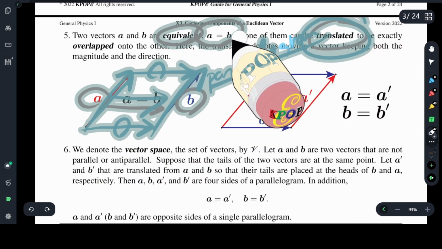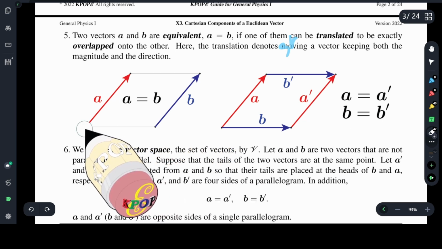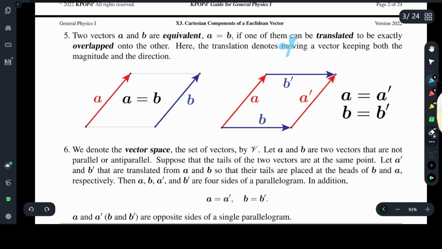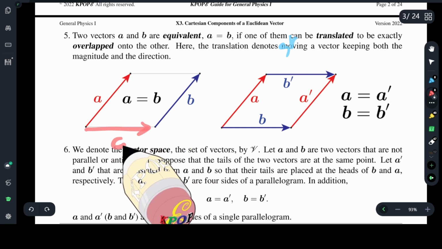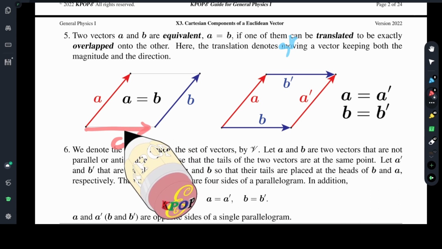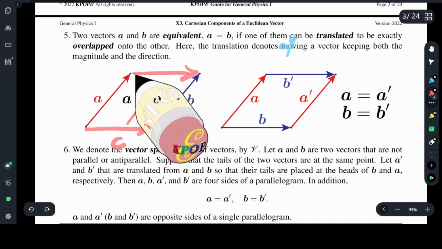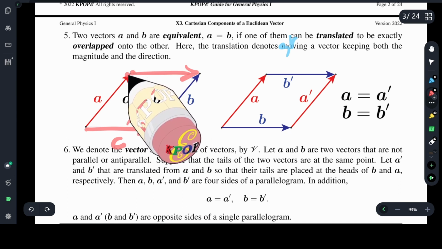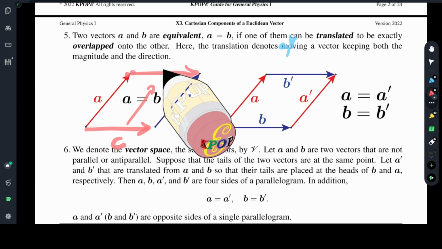Suppose that we have two vectors. I have a vector C here. What can I do? Translating this C to there, you can connect the head and tail of the two vectors.